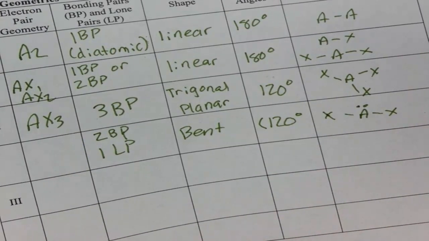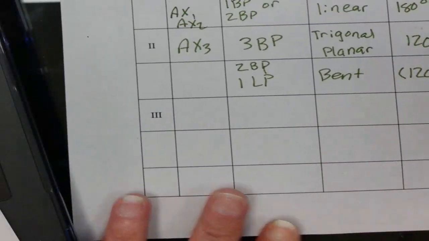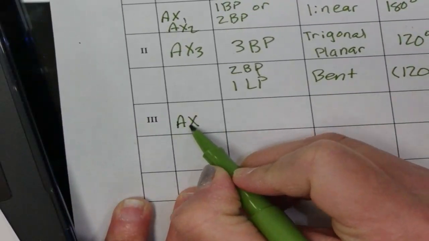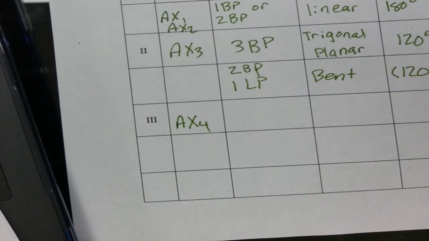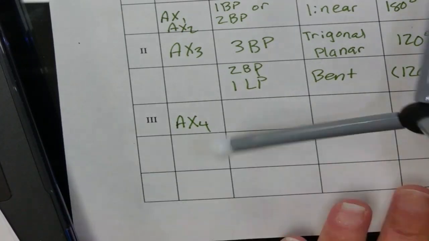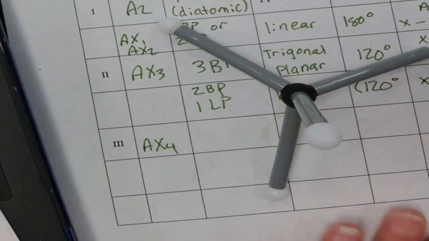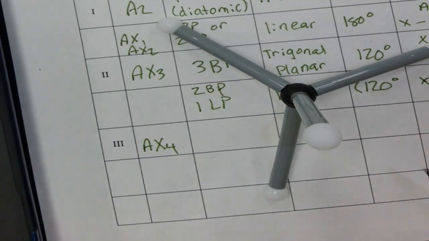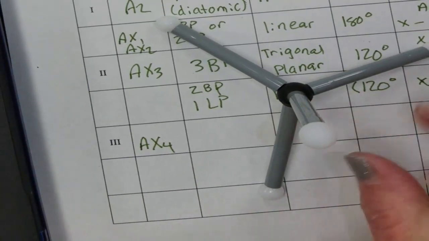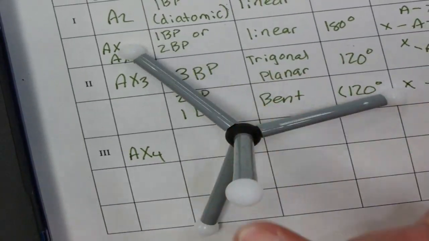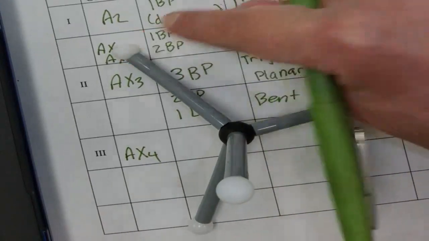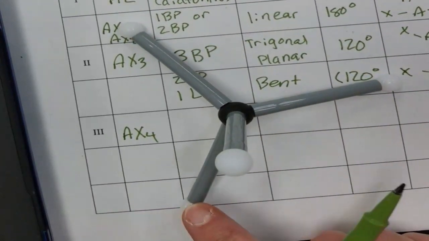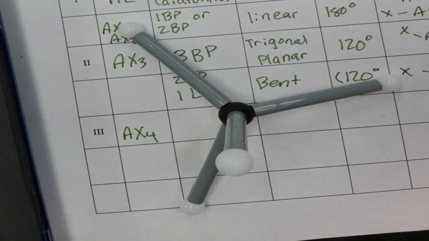All right, what if I have four things around the central atom? That would be AX4. All right, and it's going to look something like this. Here's my AX4. All right, so my black piece of the model is the A, and the white are the four X's.